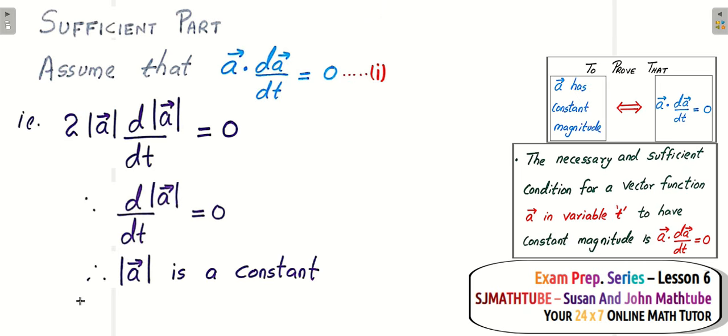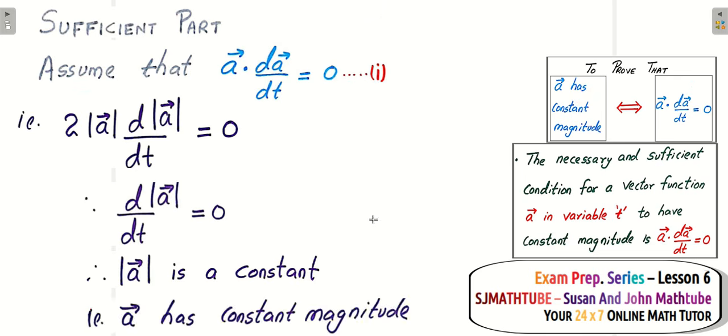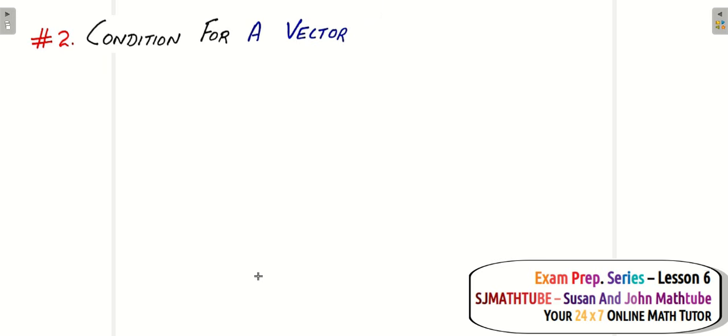Yeah, that means modulus of A is a constant, because the derivative of a constant will be 0. That's exactly what we are trying to prove. We started from here, you can see that, assume that, and we ended up with A has constant magnitude. Okay, that's it. Now let's move ahead for the second proof.